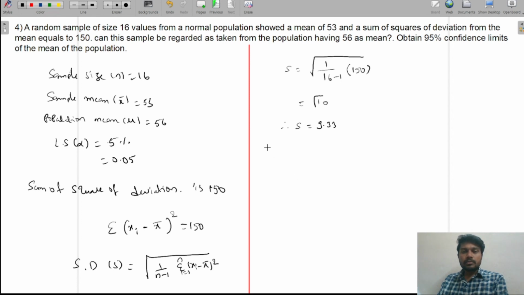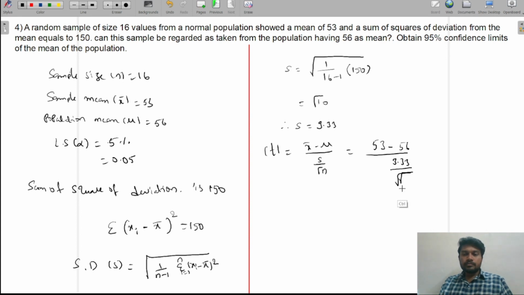Yes. So the formula: modulus of t equal to x bar minus nu by s by root over n. So which is equal to x bar value 53 minus nu 56 by s value 3.33 by under root of n, which is 16.